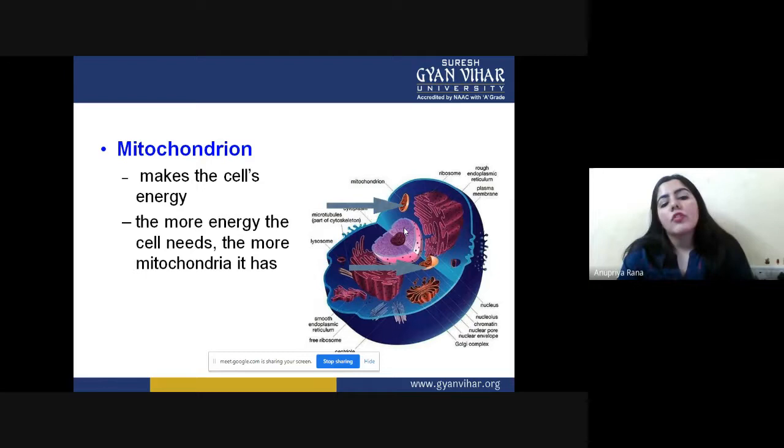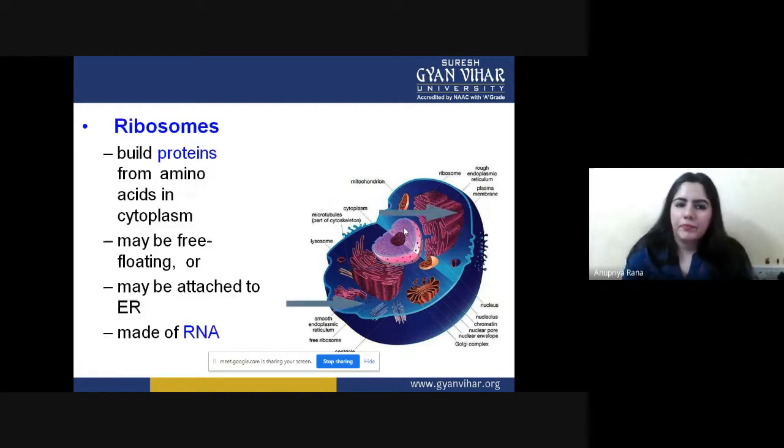The more energy the cell needs, the more mitochondria it has. Whatever the energy demand that comes through the cell, because every work and every function needs energy, mitochondria provide whatever energy they need for their work.